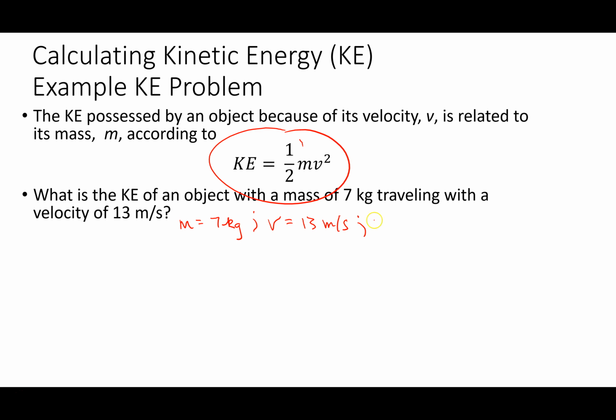So kinetic energy is equal to 1/2 times the mass, which was 7 kilograms. Again, to get full credit on your test, or even in your homework, you need to make sure you include your units. And then we have 13 meters over seconds raised to the second power.